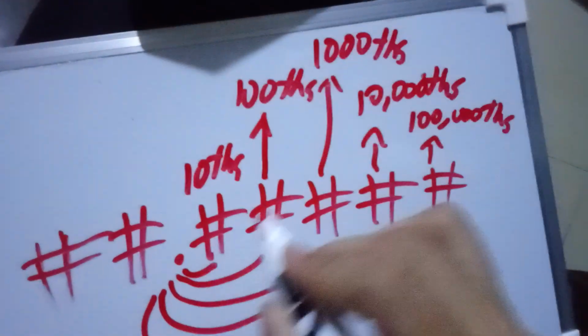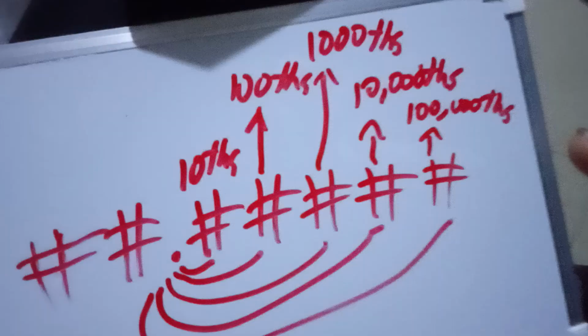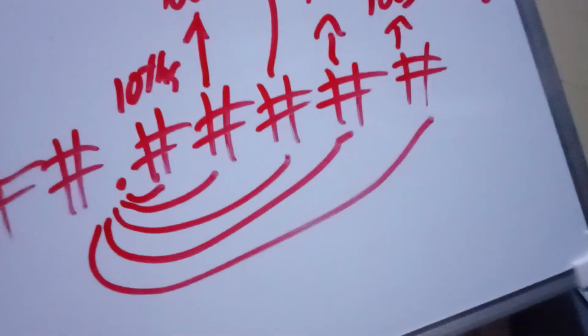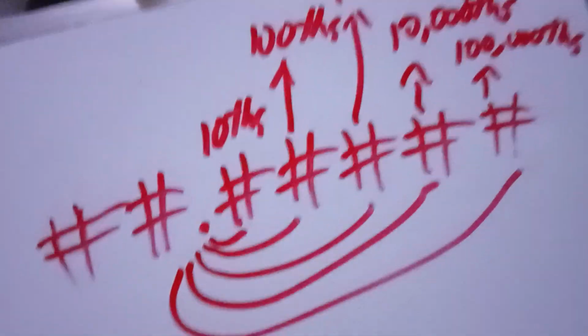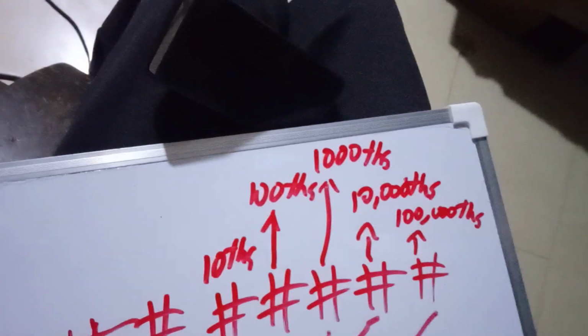But for the nearest degree, you round it off. So pretend this is 10.98 and it asks to round off to the nearest degree.